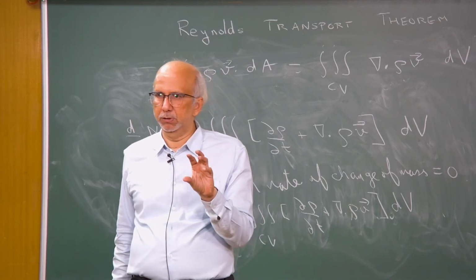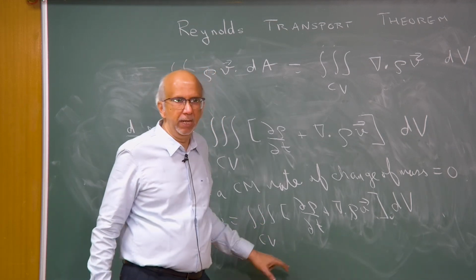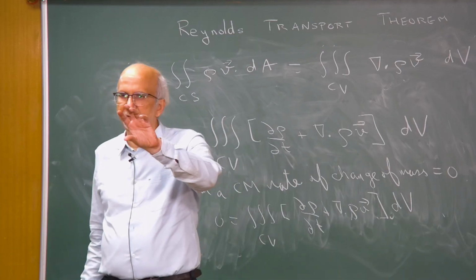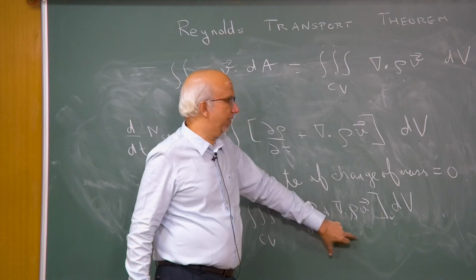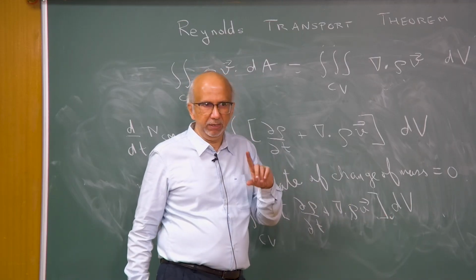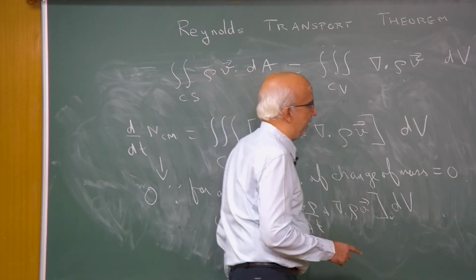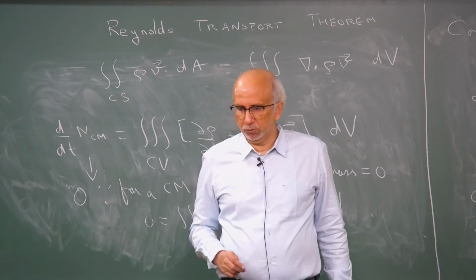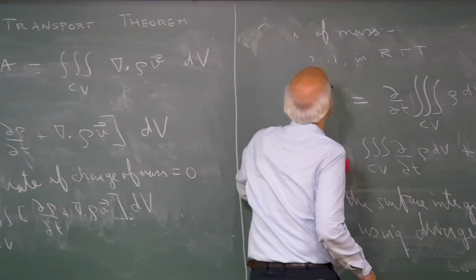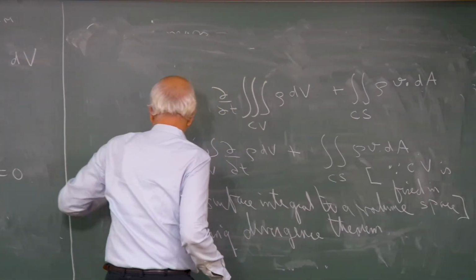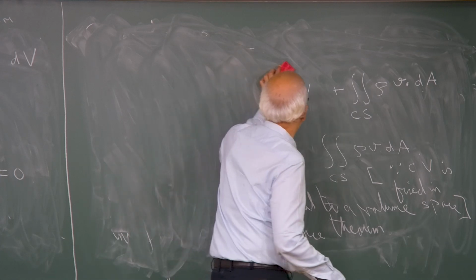This relationship is valid for any control volume, and if you choose your control volume to be infinitesimally small, then you can write this as this term multiplied by dV. dV is infinitesimally small, but it is not 0. Because this can hold for any control volume, what does this mean? It means that the thing you are integrating has to be 0 at every point.